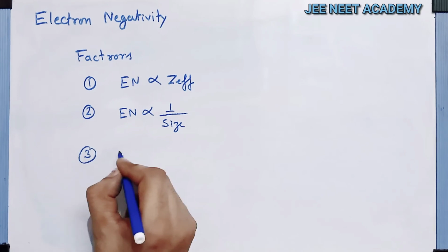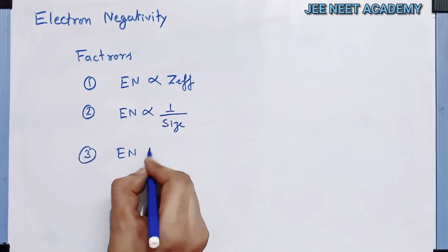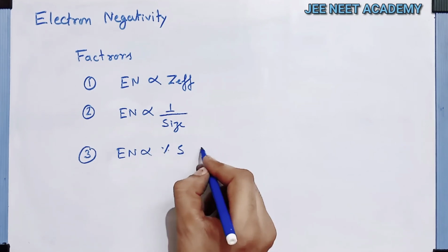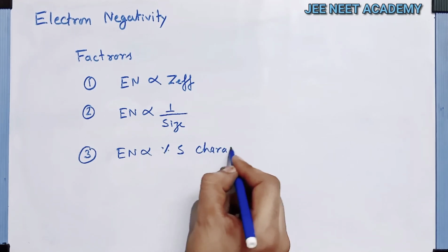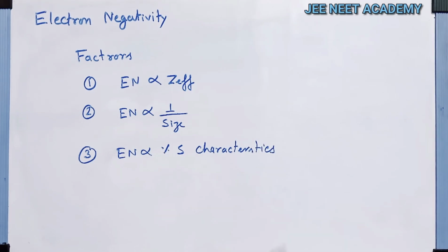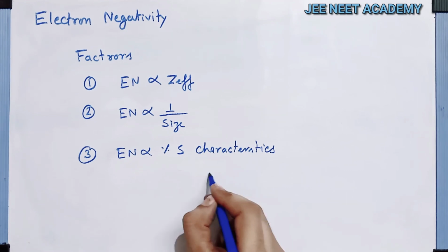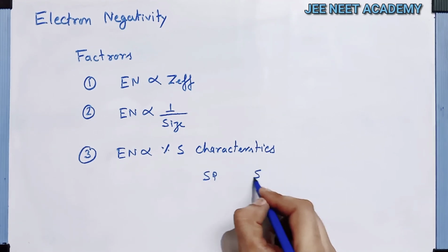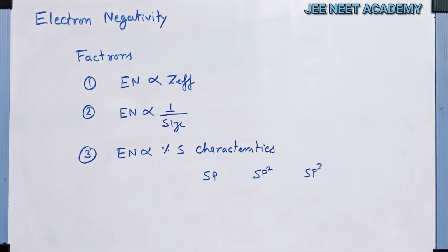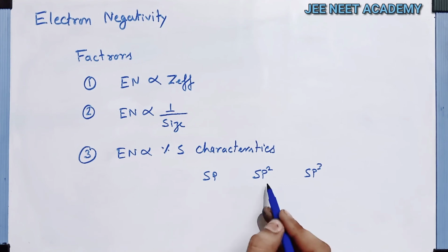The third one is important. Electronegativity is directly proportional to the percentage of s character. In the chemical bonding chapter, you will see the hybridizations sp, sp2, sp3.